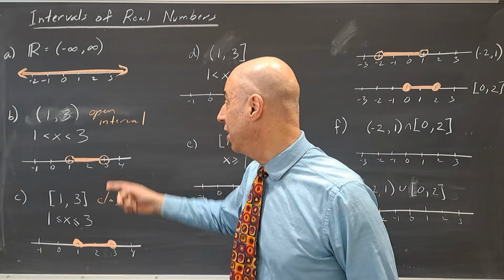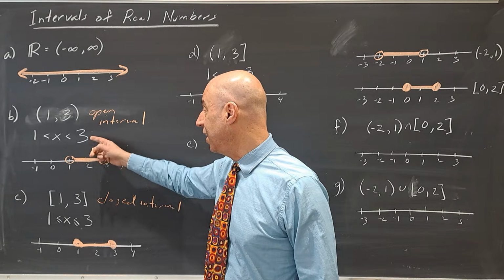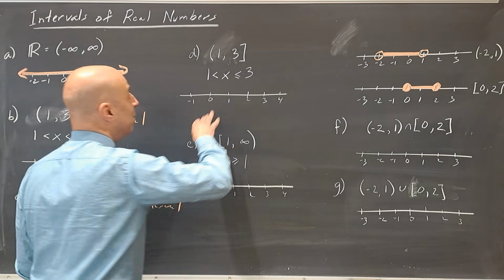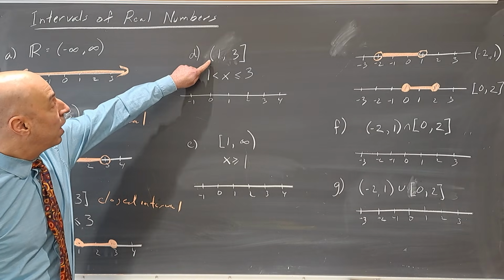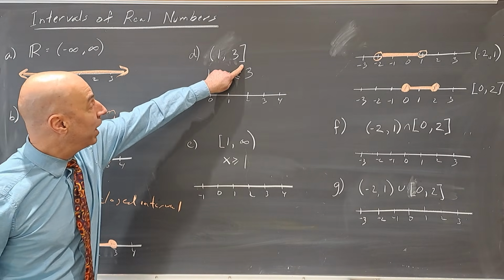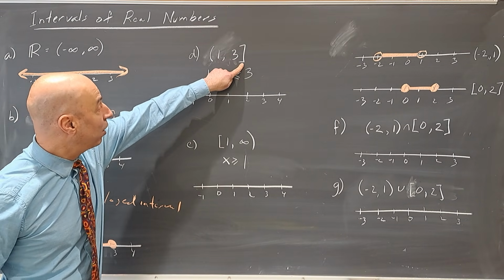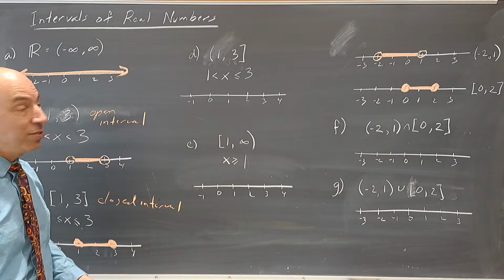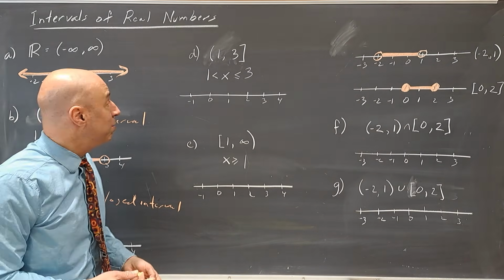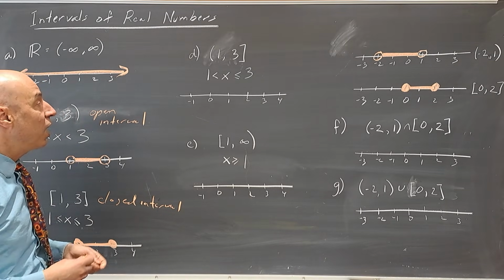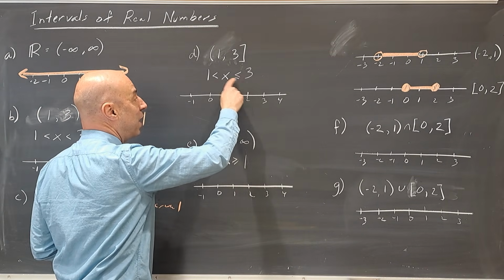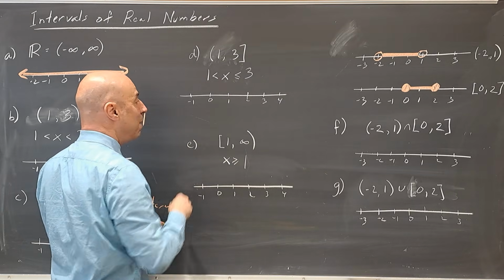The only difference between this and this is that here we didn't include the 1 and the 3, and here we did. Now here's kind of a hybrid. We put a parenthesis around 1 and a square bracket around 3. This means pretty much what you'd expect it to mean. Include the 3, but not the 1. So that's why we have a less than or equal symbol here, so we know that x could be 3, but it can't be 1.